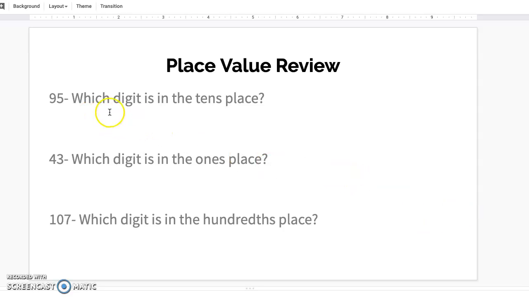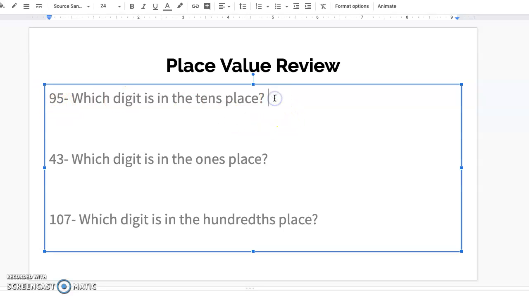All right, which digit is in the tens place? If I have a 95, which digit is in the tens place? Remember, hundreds, tens, ones. So which digit is in the tens place? 9. Which digit is in the ones place?